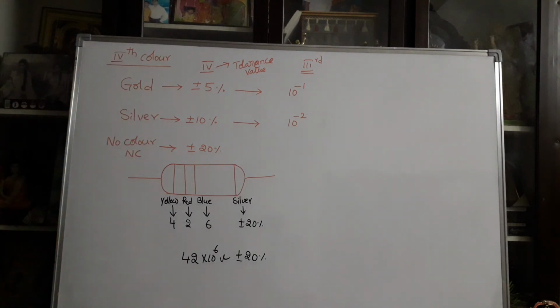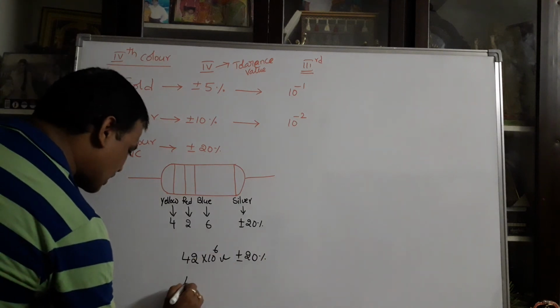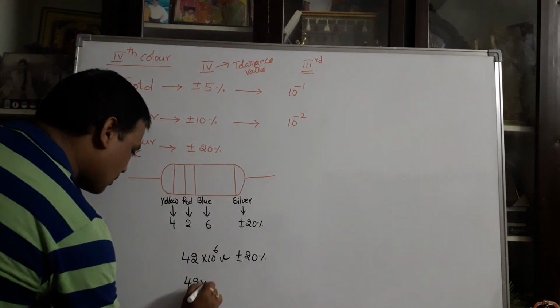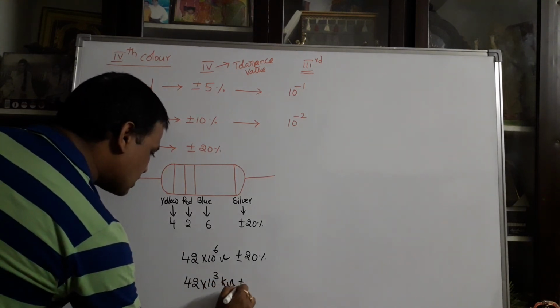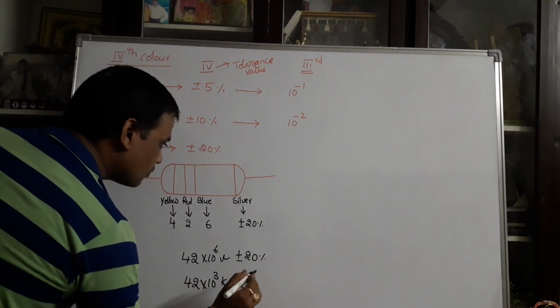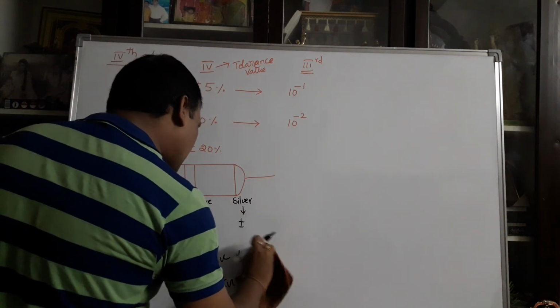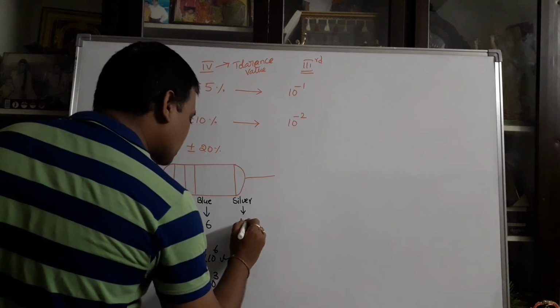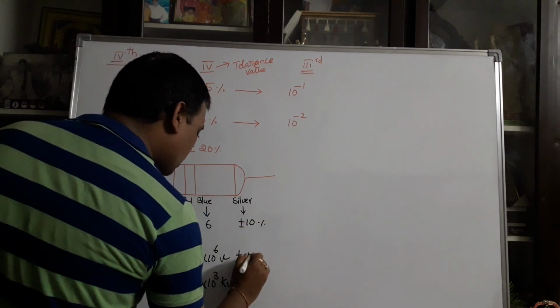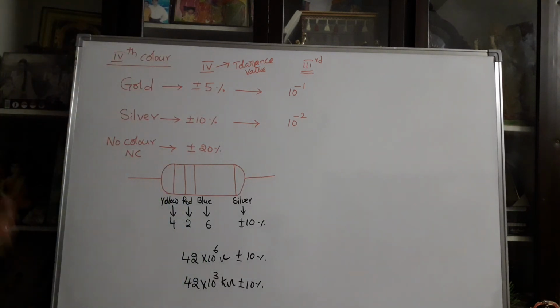Otherwise, another option is in kilo ohms, nothing but 42 into 10 power 3 kilo ohms plus or minus 20. Silver, what is the value? Silver value is plus or minus 10% only; no color is plus or minus 20. Silver plus or minus 10% is what exists in the option.